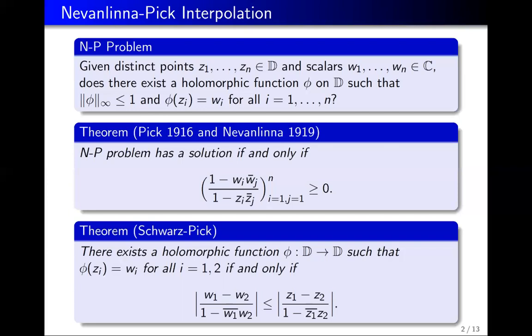And for a general case, if you don't have Z1 and W1 both to be 0, there is a standard trick: you compose and pre-compose by some automorphism, some Mobius transformation accordingly, which boils down to the case where Z1 and W1 are both 0.